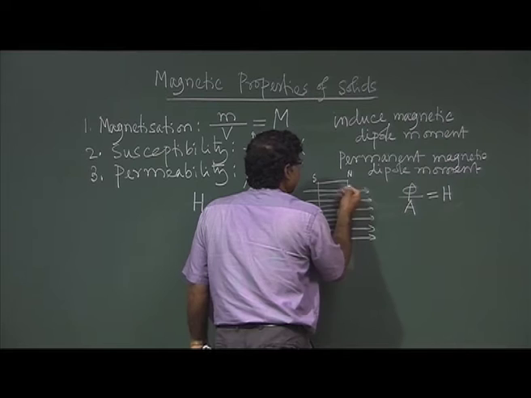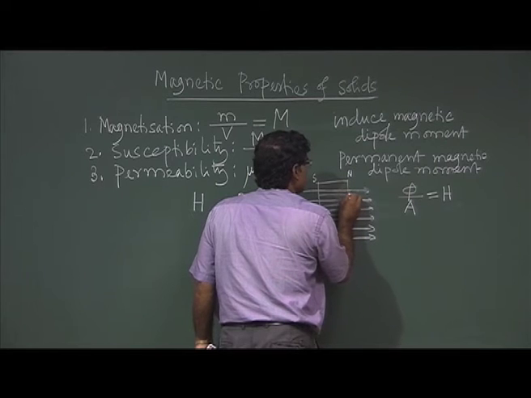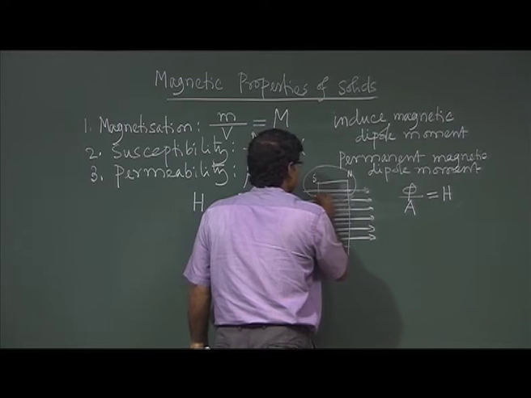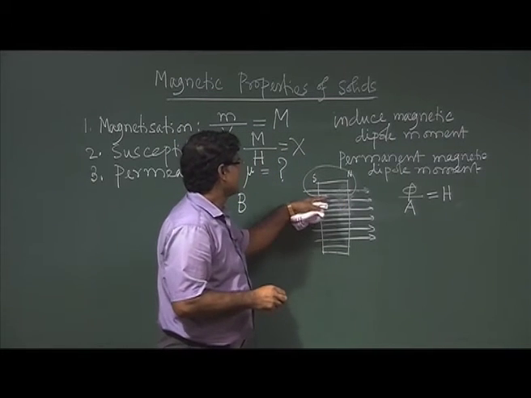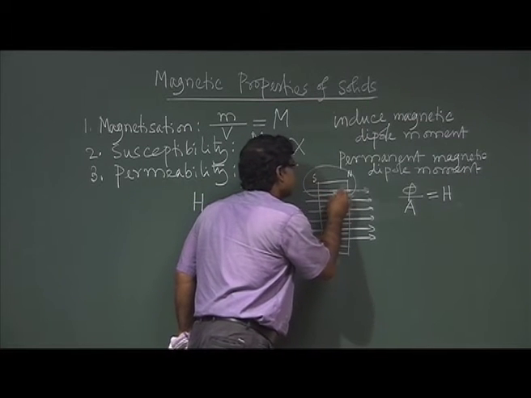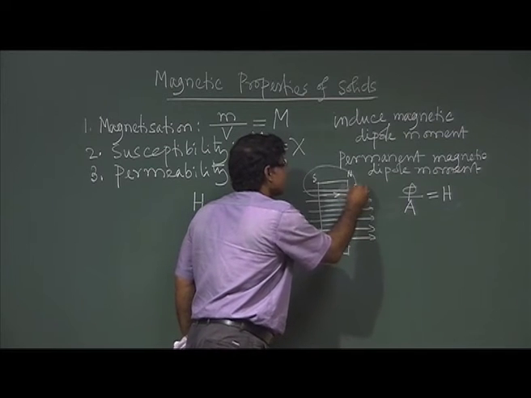Lines of force generally come out from the north pole, okay, and enter into the south pole, and then go from south pole to north pole. So here the direction is this, here the direction is this. Okay.